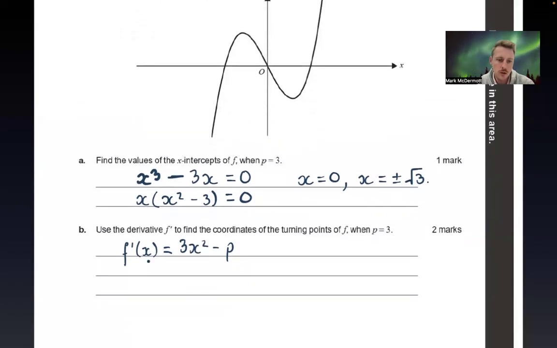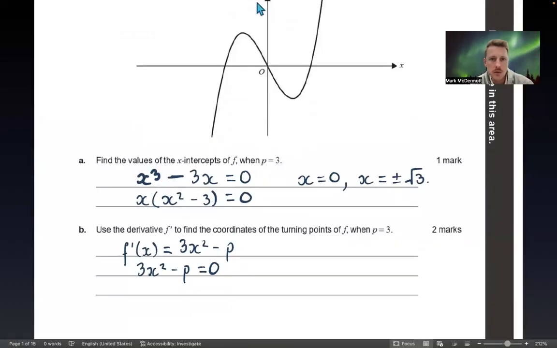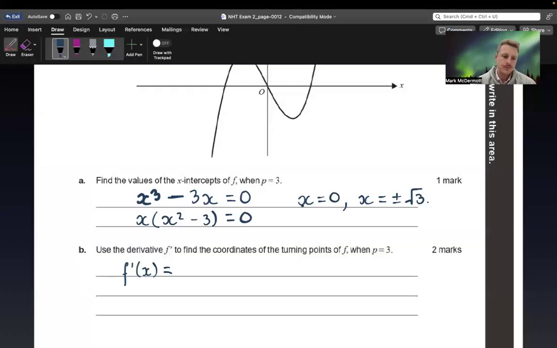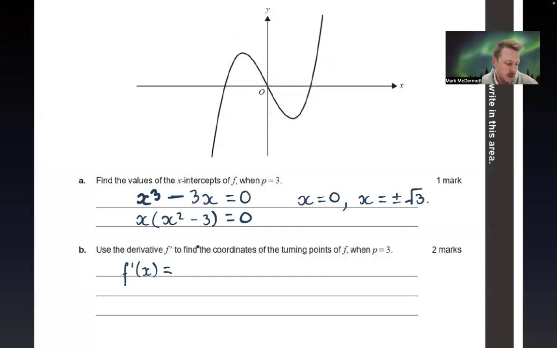The turning points are when the derivative equals 0. I'm not sure why I didn't sub in p being 3. So the derivative is 3x squared minus 3.